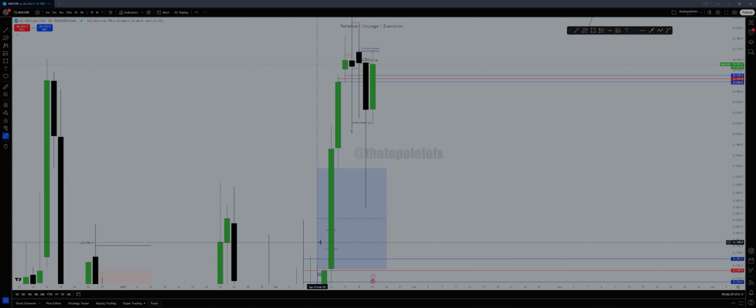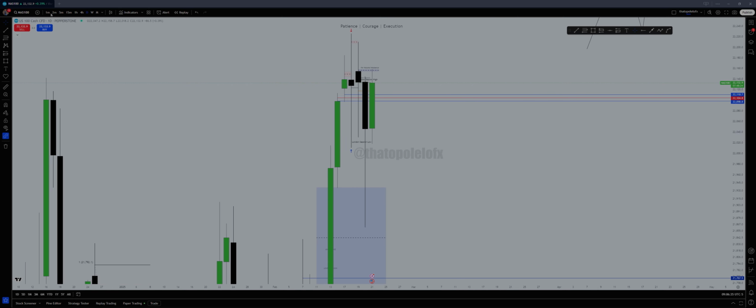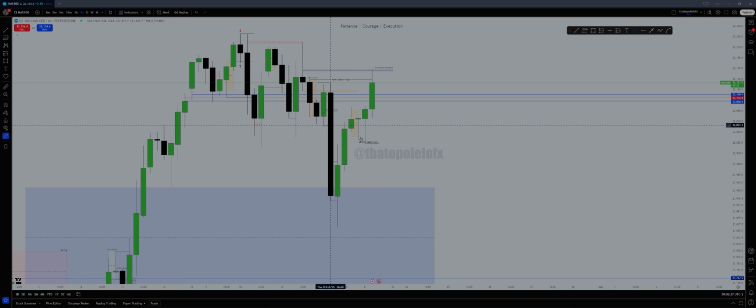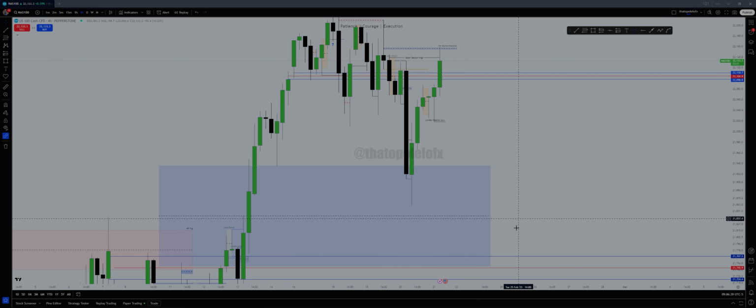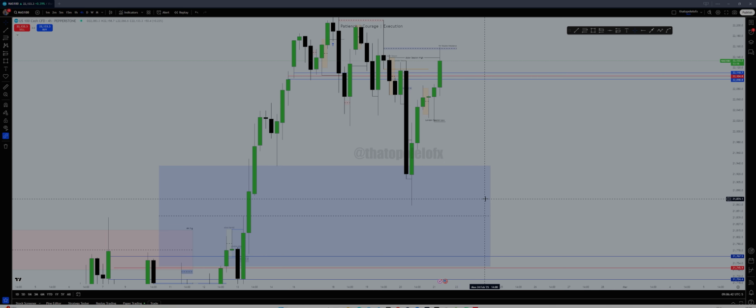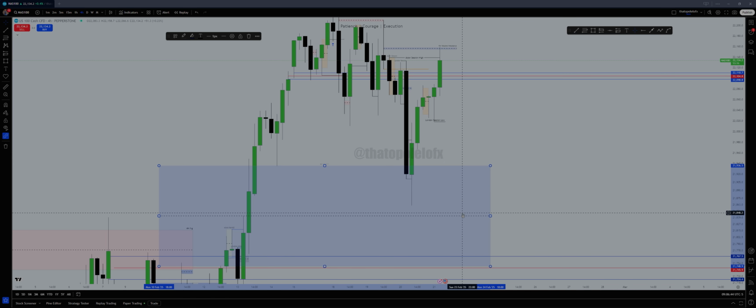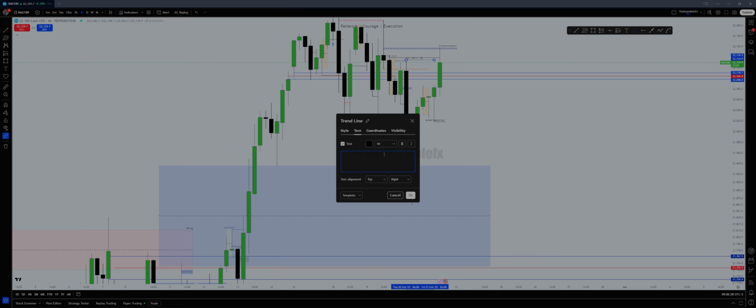So after this happens, I went down to the 4-hour time frame. Now this is still our daily fair value gap. And what I did, I marked the high of this candle, which is the CRH, or let me say CRTH, candle range theory high.